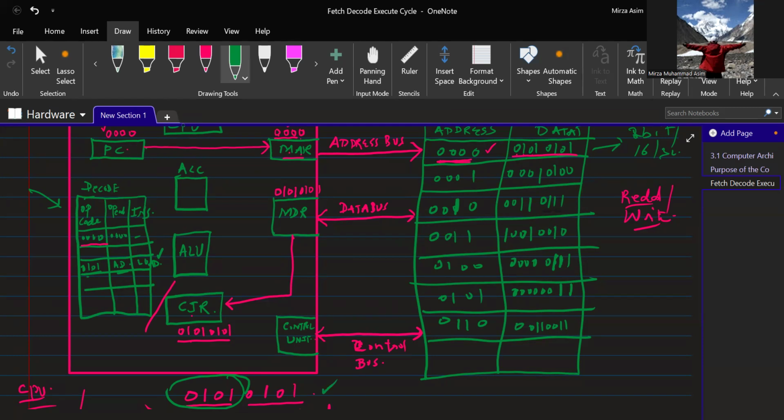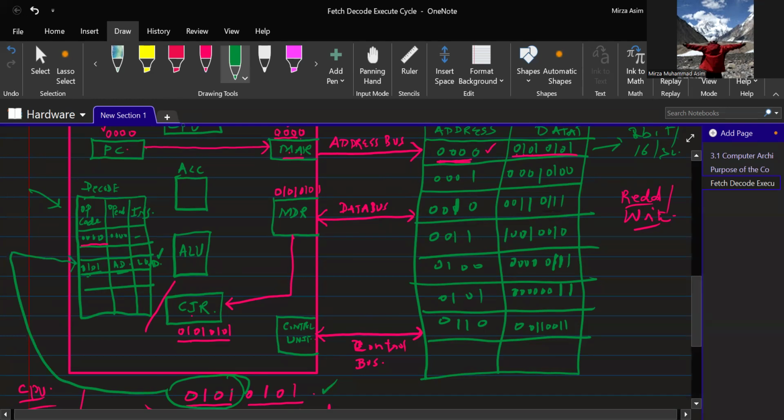Now this instruction is supposed to be completed or executed. See, it is not yet complete. So what happens now? 0101 is the opcode. It finds out the address. Okay, that's done. So what is the instruction?